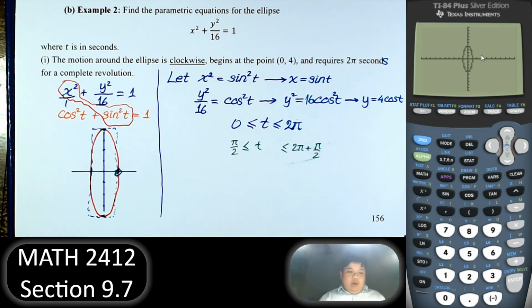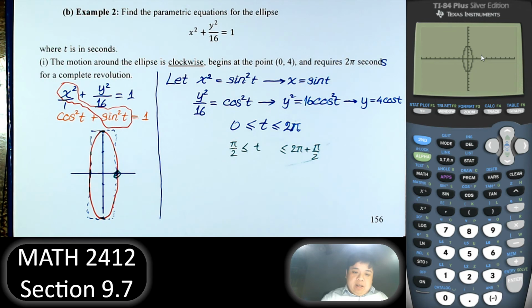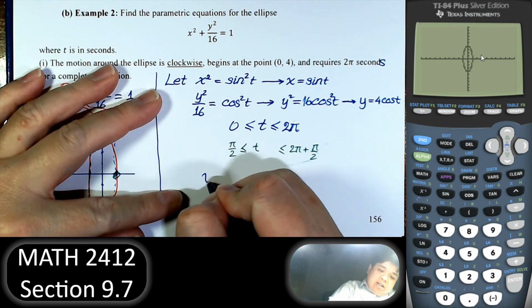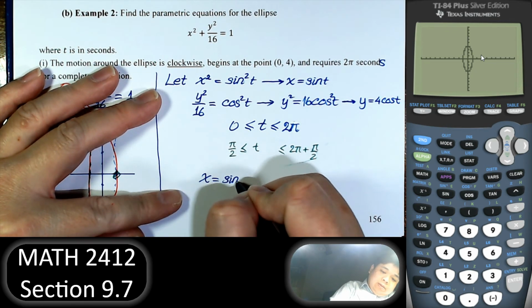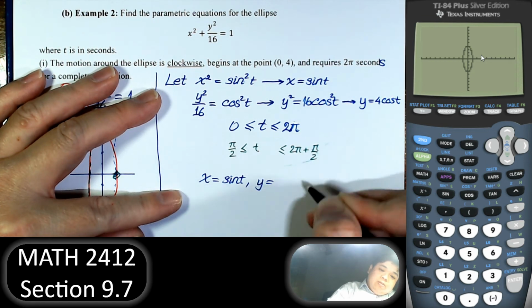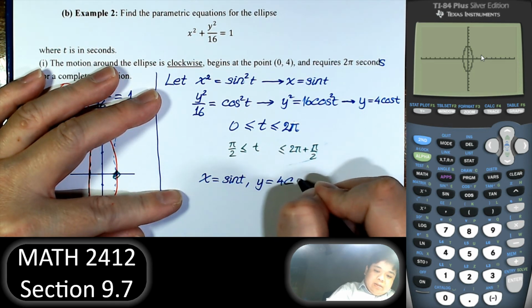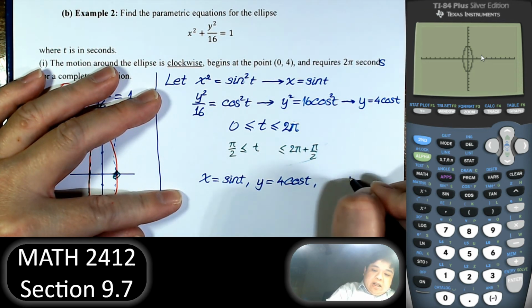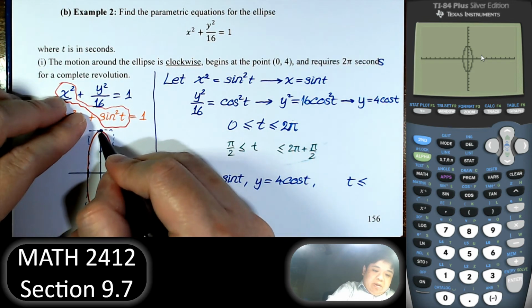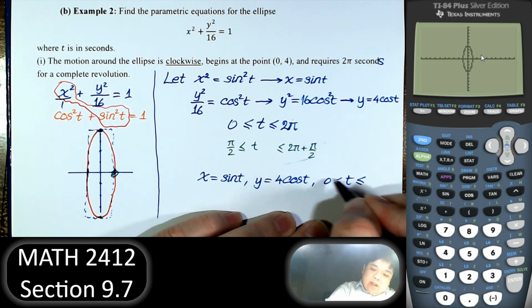Right. So if we want clockwise, x goes with sine, y goes with cosine. If we want counterclockwise, x goes with cosine, y goes with sine. That's the standard one. Right. But in this case, we have x equals sine t, y equals 4 cosine t, and t is between 0 and 2 pi because we start from here.